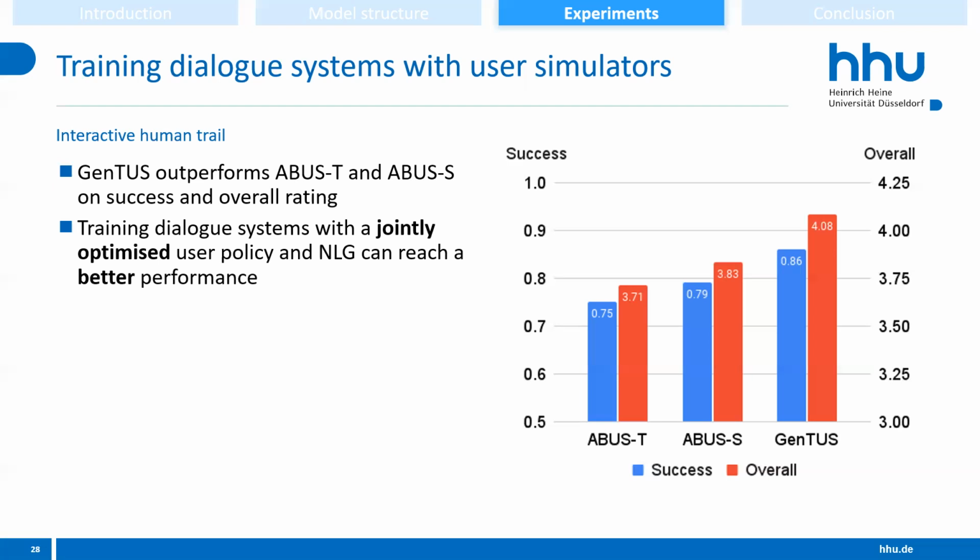And when interacting with real users, they also tend to use shorter language, but longer turns. So I think the reason why the system trained with GenTUS has better performance is that the user policy of GenTUS is closer to real users, and the language style is also close to how users use our model.